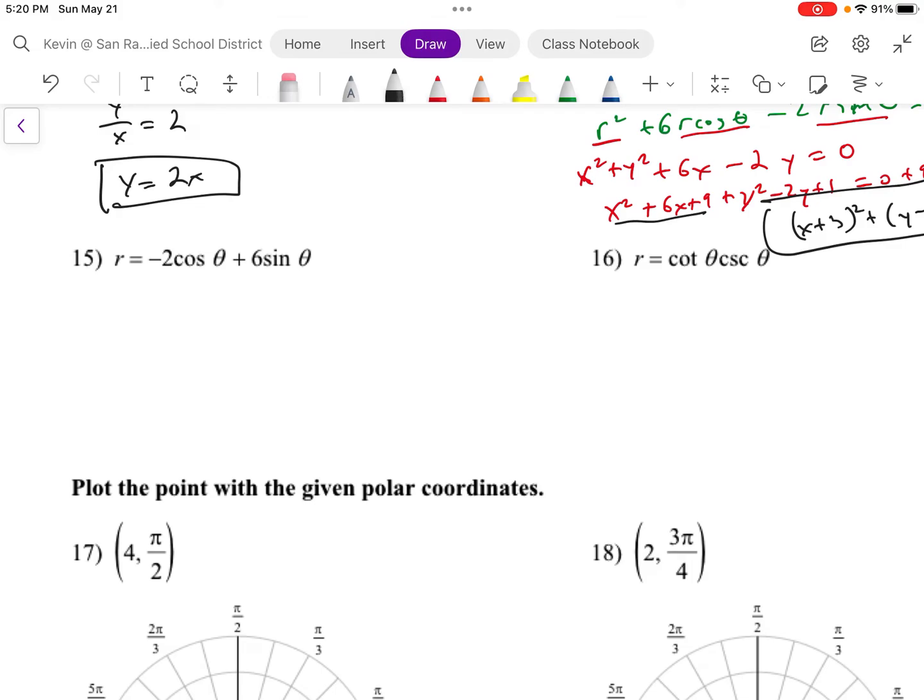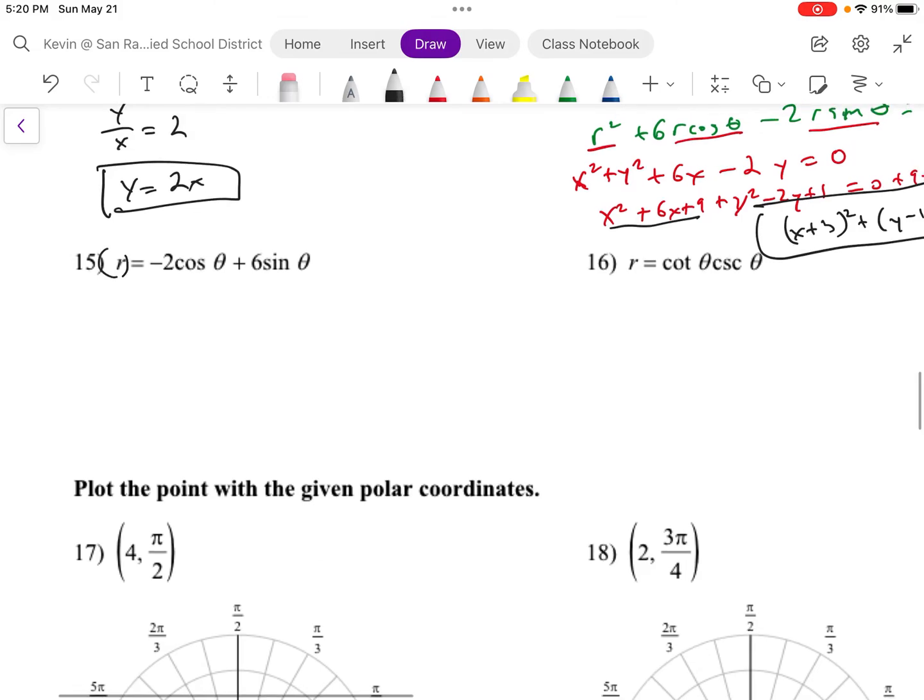Number 15 does the same thing. We're going to multiply this side by r. It's easier this way. We're going to multiply everything by r. So r squared equals negative 2r cosine theta plus 6r sine theta. Why don't we make it easy on ourselves before we ever change this?